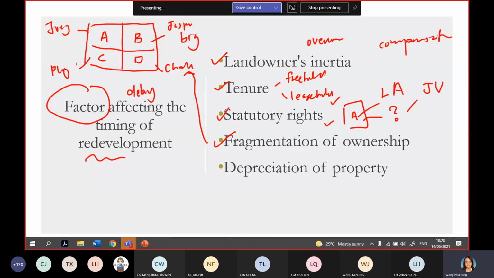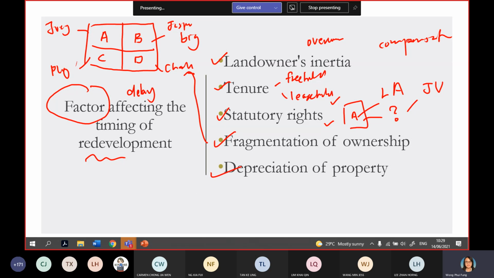For a very big piece of land, there is a chance the land belongs to different landowners. So that's why it makes the negotiation and redevelopment process very, very tedious, because you need to approach different owners and negotiate to make sure the money is sufficient to make them dispose of the land. So in this case, it will also delay the redevelopment process.